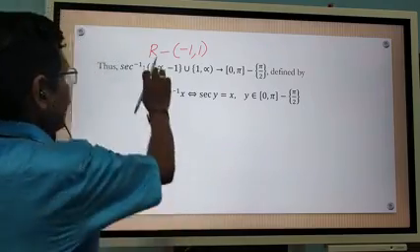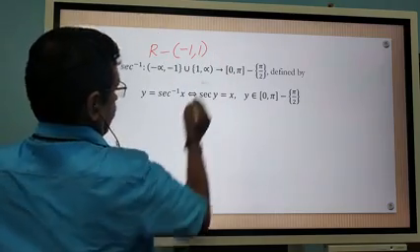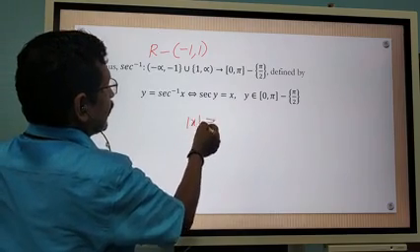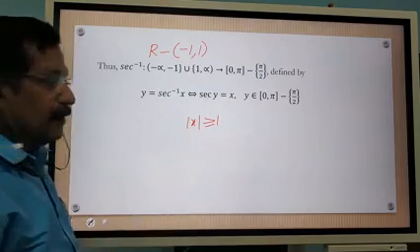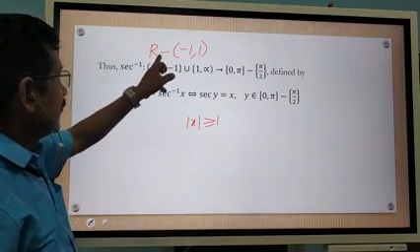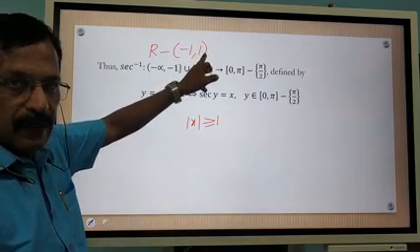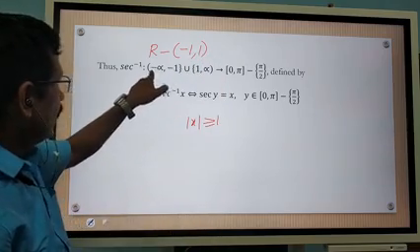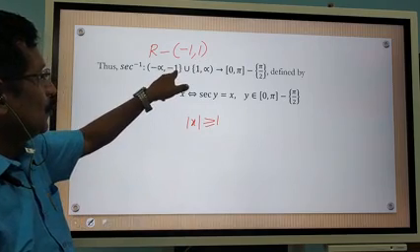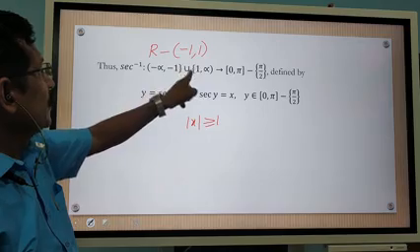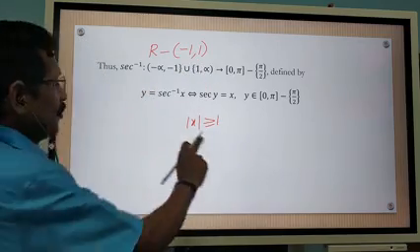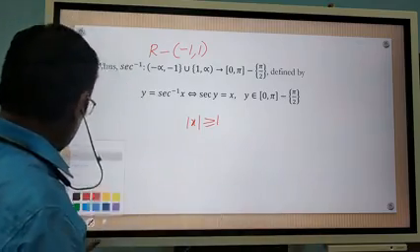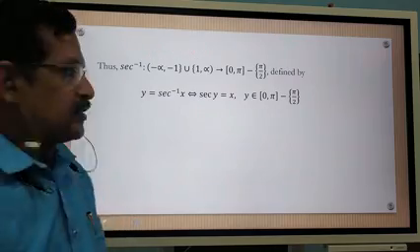Another way of representing the same set is modulus of x greater than or equal to 1. In any way we can write. This is for your information, please.